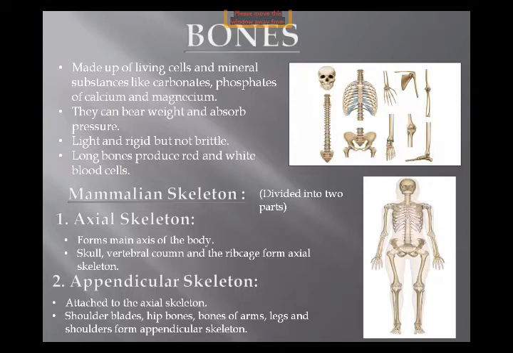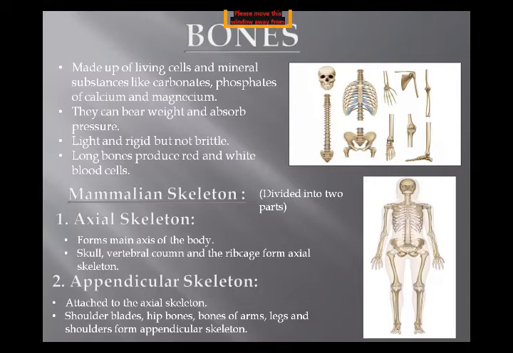Our bone or the vertebrate bone can bear weight and absorb pressure. They apply force also. The bones are light and rigid, tough, but they are not easily breakable. They are not brittle. The long bone produces red and white blood cells. I hope you understand.